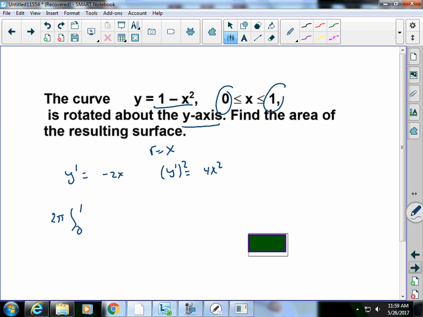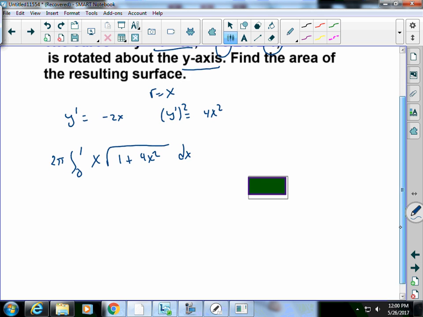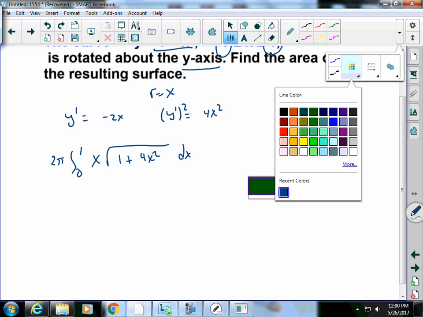My r value is x, because I'm in terms of x but rotating around y. So my r value is x, times the square root of 1 plus my y prime squared, which is 4x squared, dx. Now this one looks a little difficult, but I can come in here and do a u substitution.